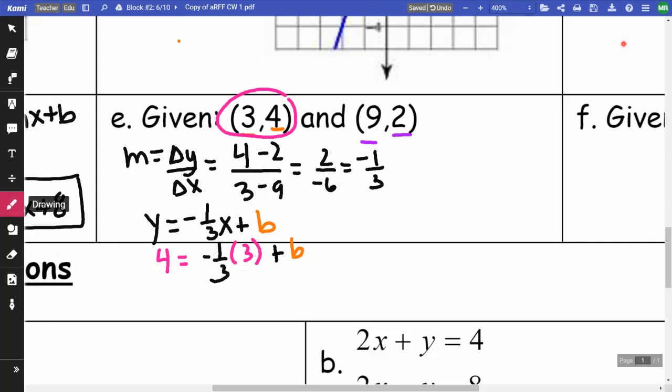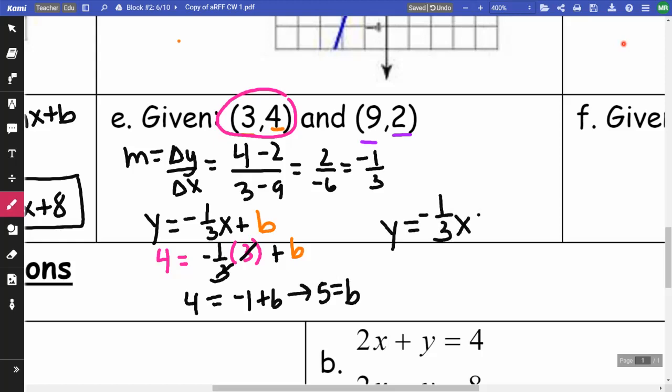So when I'm doing this, I'm going to get 4 is equal to, and negative 1/3 times 3, the 3's actually cancel, and I get a negative 1 plus b. When I add 1, I get 5 is equal to b. So my equation is going to be y equals negative 1/3 x plus 5.